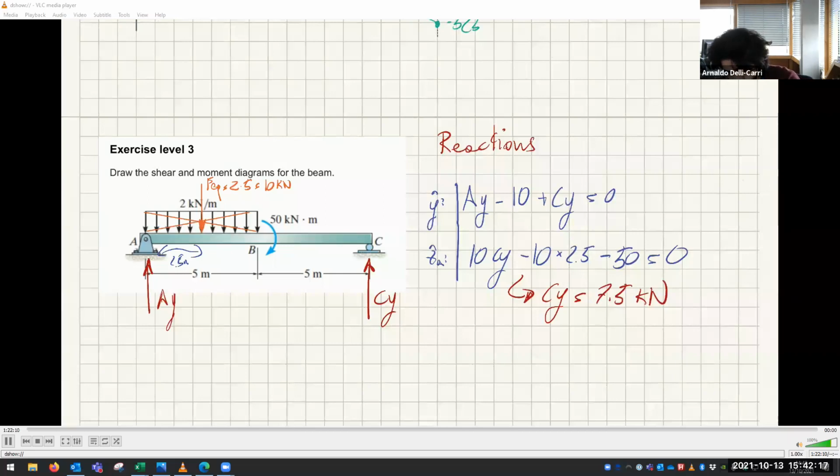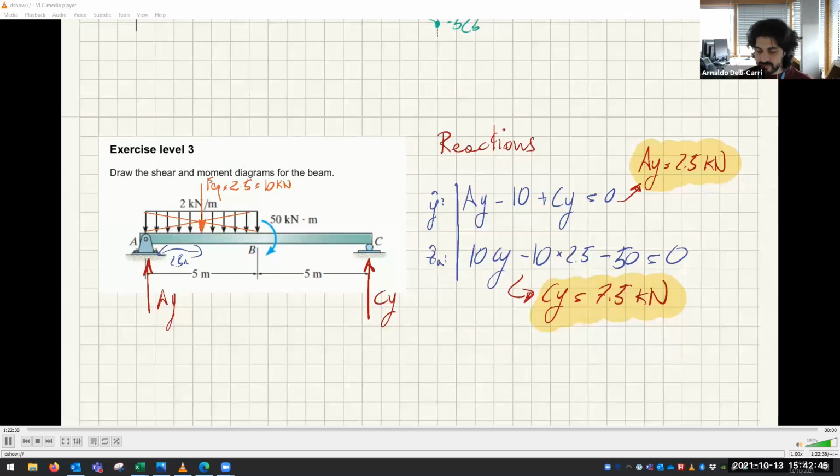And that means that AY is the remaining 2.5. It must be, because both of them must sum up to 10 to compensate for the distributed load.